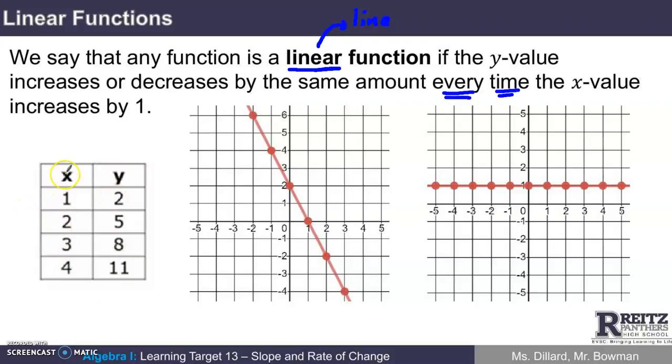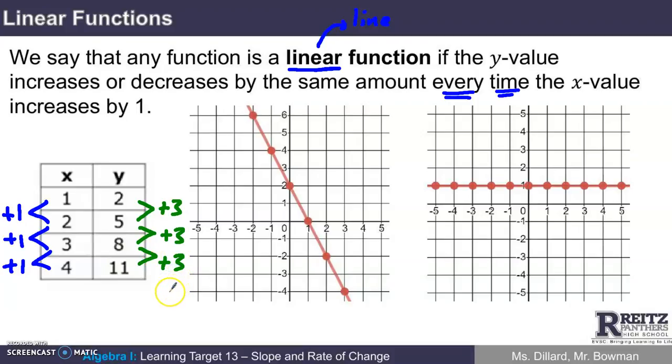And I see a pattern in the x's, that every time I add 1 to the x, to get from 1 to 2, or from 2 to 3, or from 3 to 4, every time I increase x by 1, I can increase y by the same amount, 3 in this case, from 2 to 5, from 5 to 8, from 8 to 11. So this is one example of a linear function.